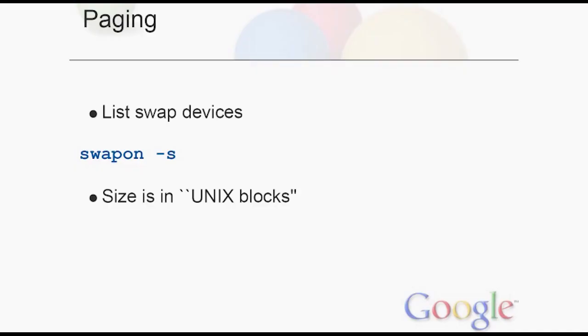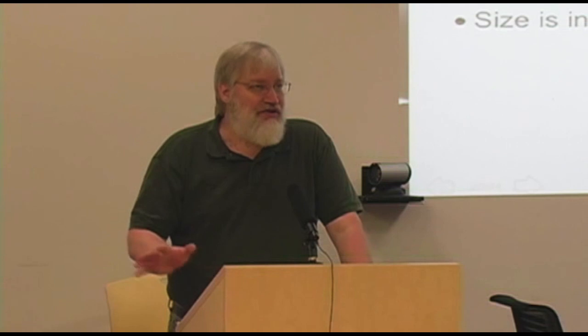If you want to see what the swap space is that you're using, what devices are being used, and how much of them are being used, you can use the -s option on swapon, and it'll show you. And the units are in terms of Unix blocks. It's worth just mentioning briefly what Unix blocks are. Most Unix commands present their output in units of blocks, regardless of the size of blocks on the file system or the size of blocks on the actual device, and they're in units of 512 bytes.